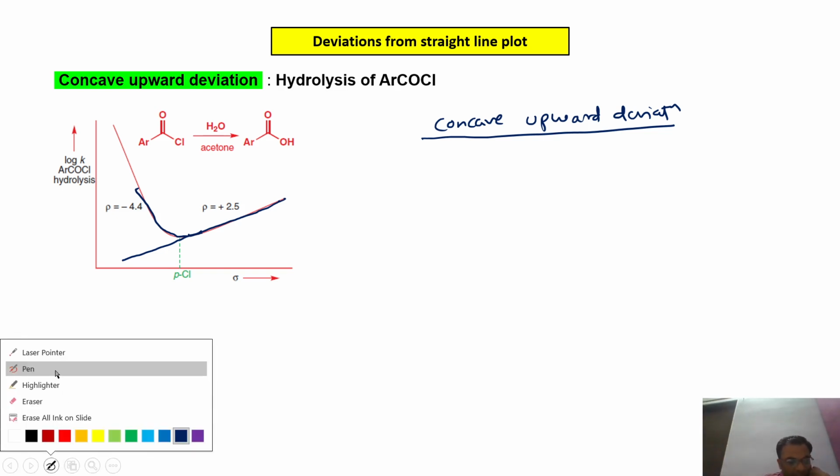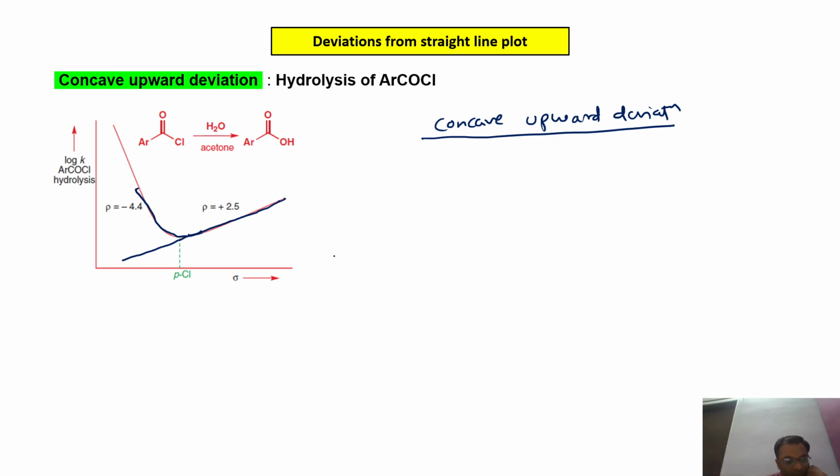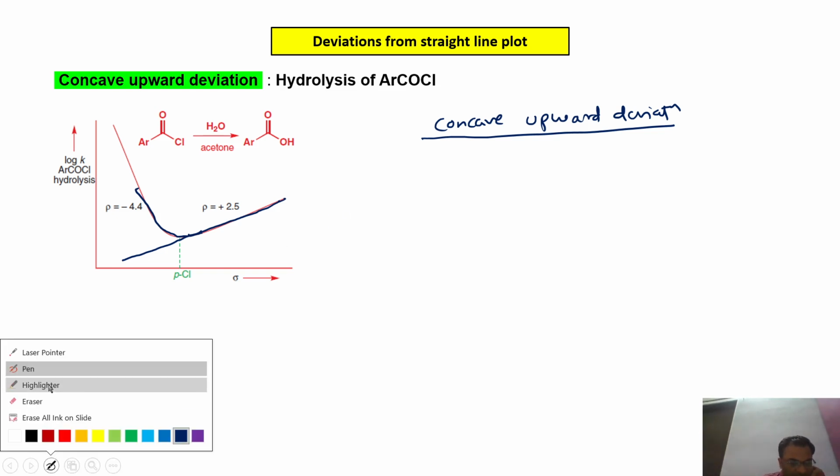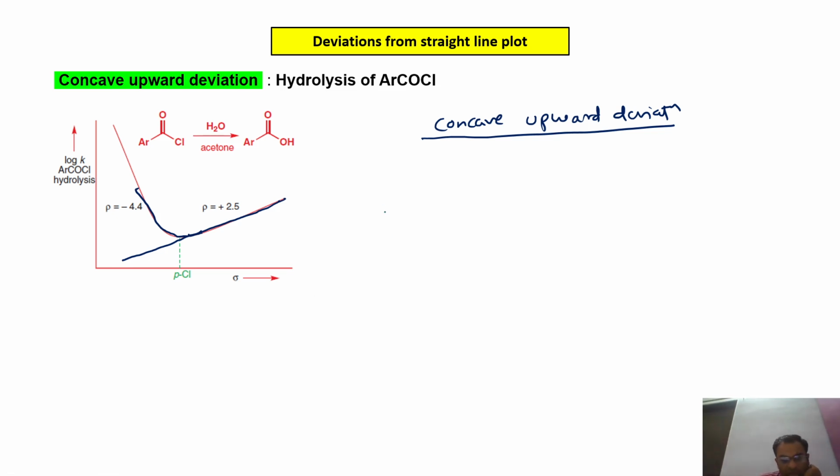Now, why is the mechanism of the reaction changing as we move from the strong electron withdrawing group to the strong electron donating group? For this, we have to consider the reaction mechanism.